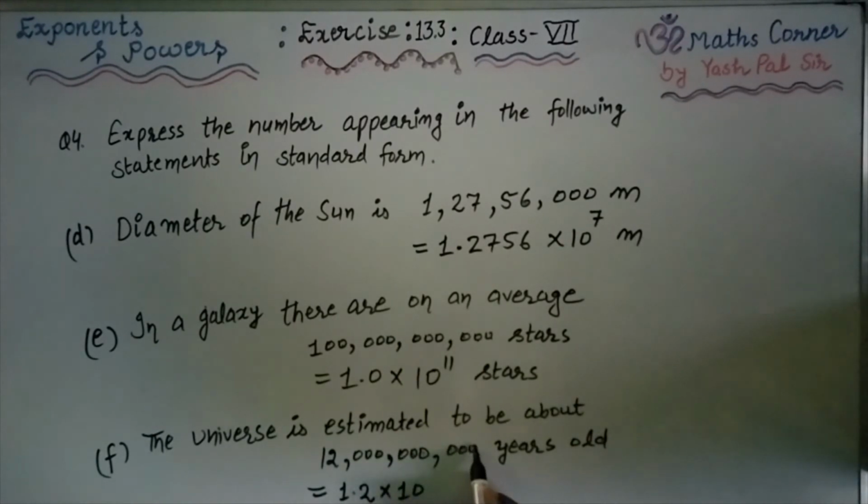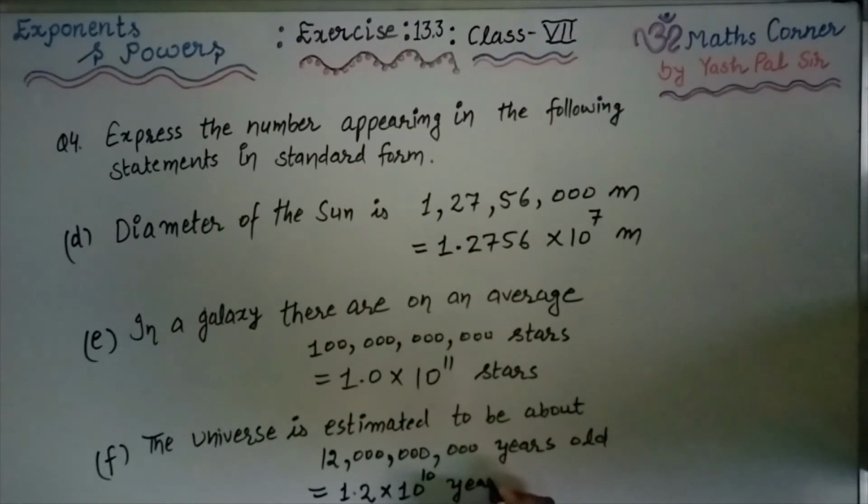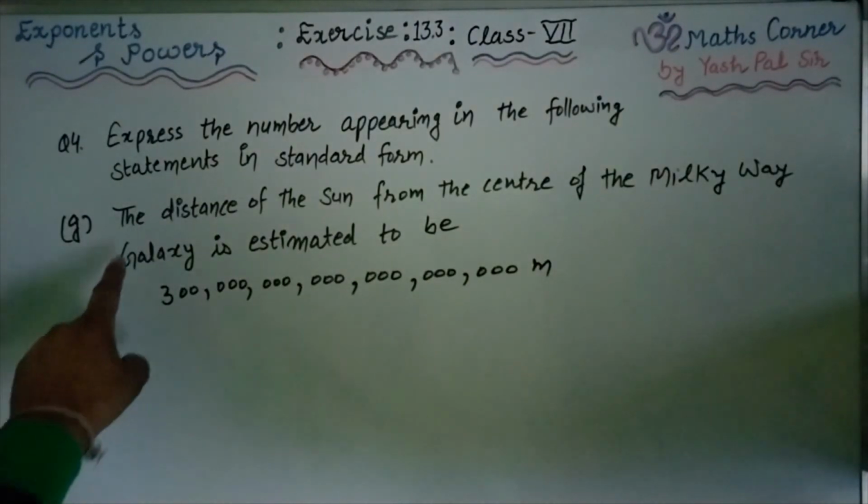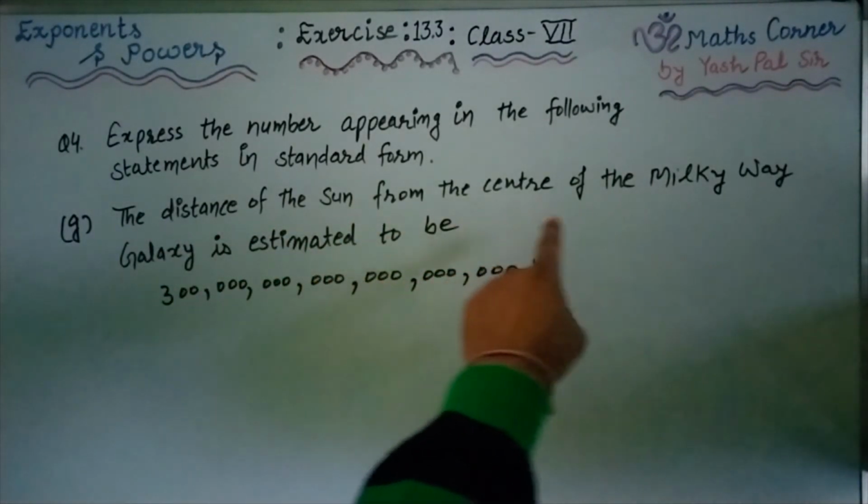After 1, count the digits, 1, 2, 3, 4, 5, 6, 7, 8, 9, 10. 10 years old. This is the life till date of the universe. 1.2 into 10 raised to power 10 years.